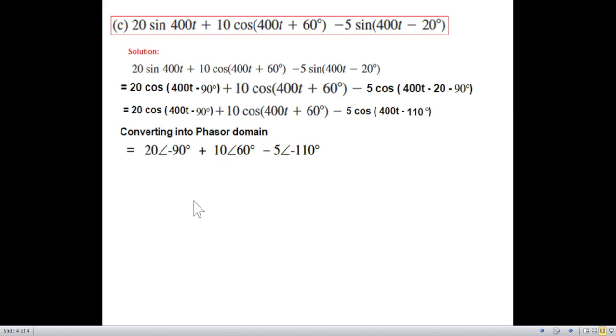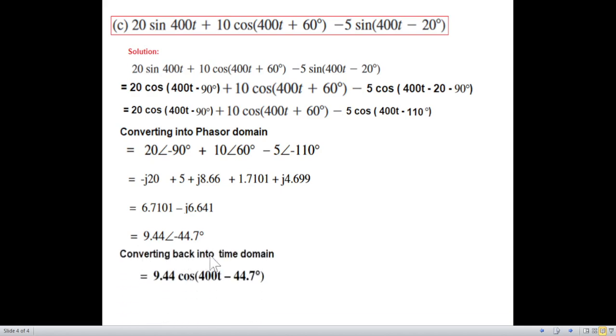Now to add, we have to convert into rectangular. So converting these into rectangular form and adding the real part and imaginary part, this is our answer in rectangular form. Now we have to go back to polar form. So this is the answer in polar form. And from here, we can now go back to time domain.